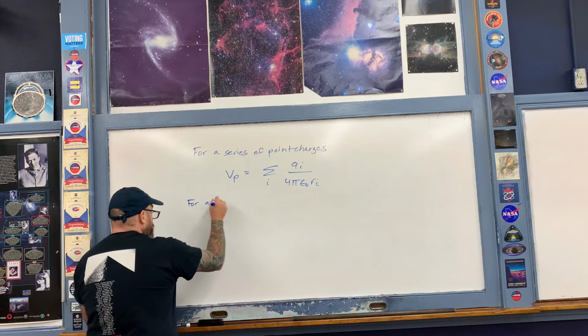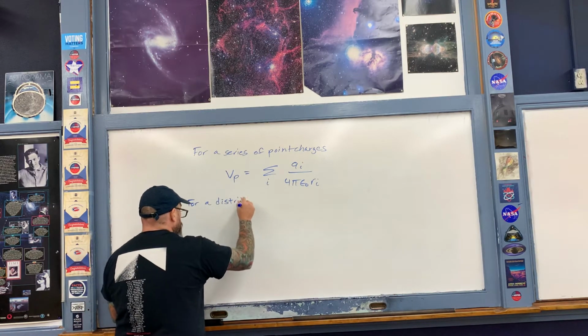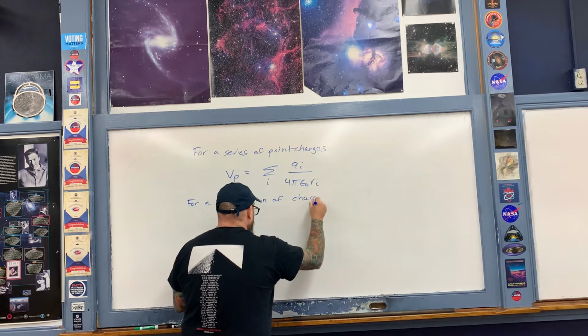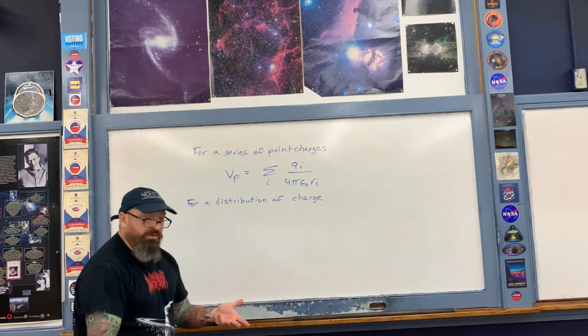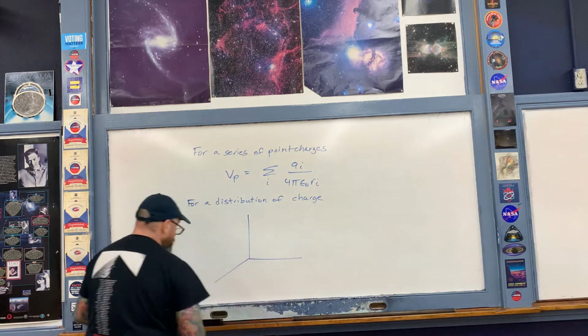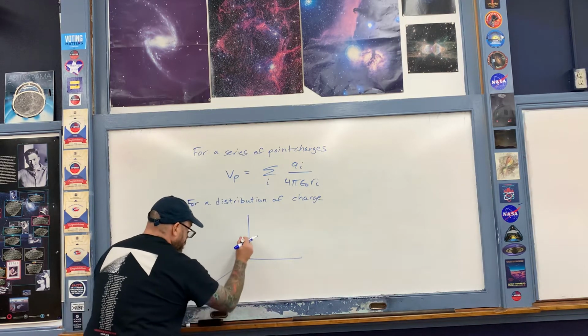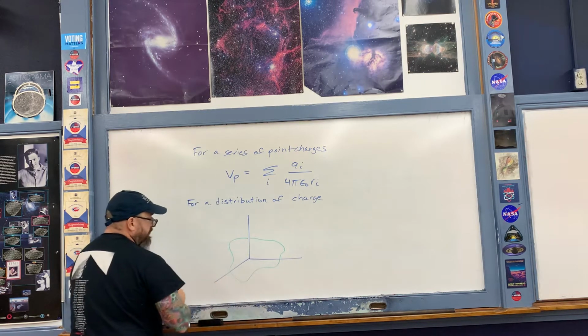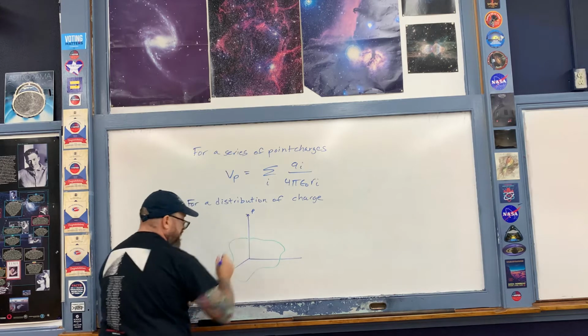Okay, so now for a distribution of charge, let me go ahead and draw here a three-dimensional diagram. Like so. And then we have some sort of asymmetrical charge distribution like this. And then let's say that right here is some point P in space.